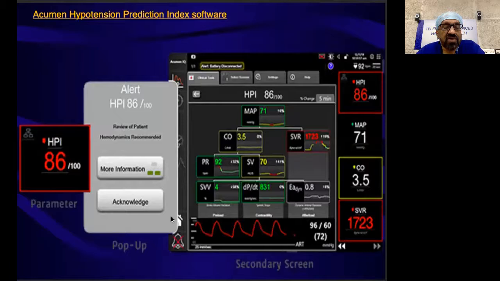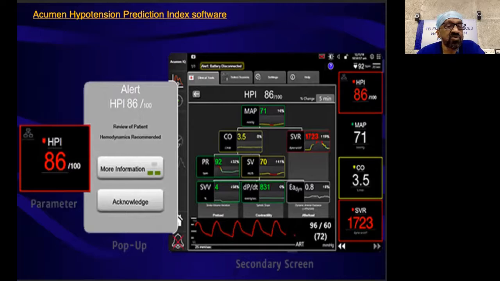I would also like to mention here that the Acumen hypotension prediction index has been developed by Edwards Lifesciences. This is the first of its kind predictive decision support software which detects the likelihood of a patient developing hypotensive events 10 to 15 minutes before the hypotension actually occurs, by looking at the algorithm which has been developed by this company.